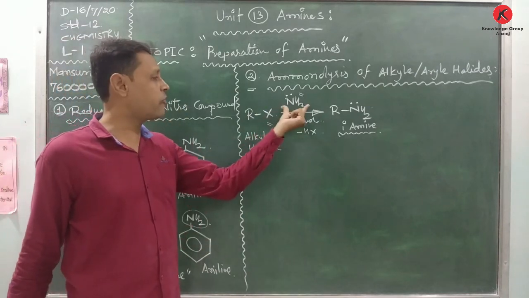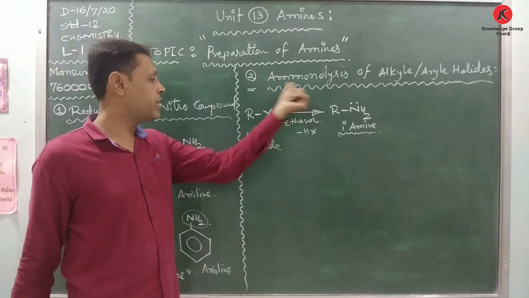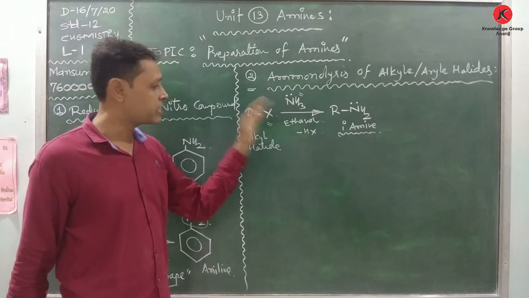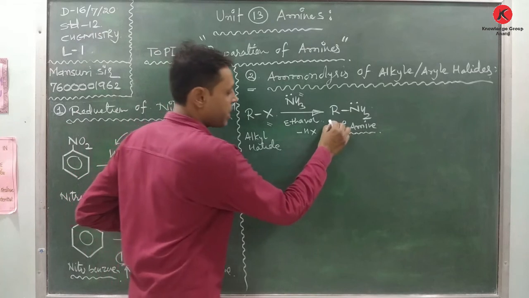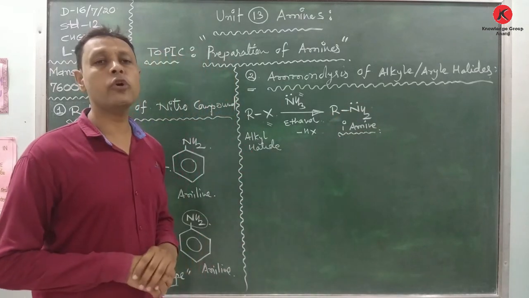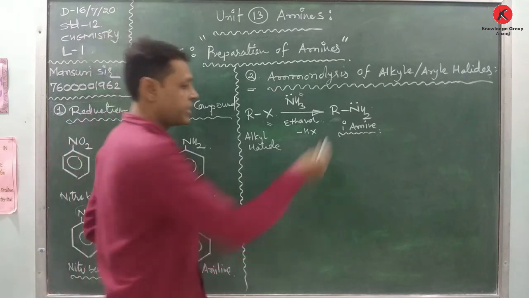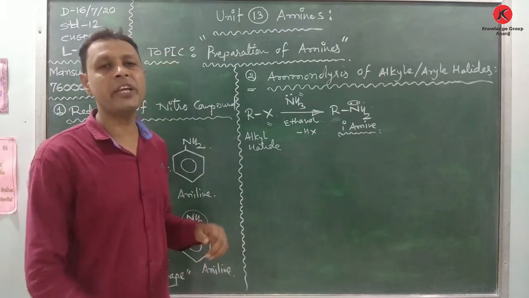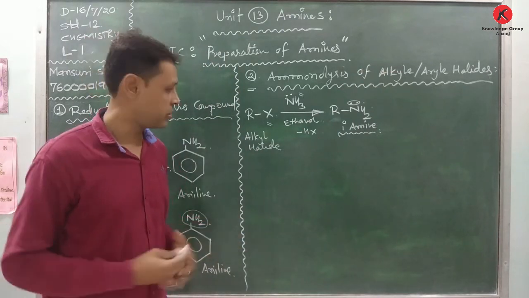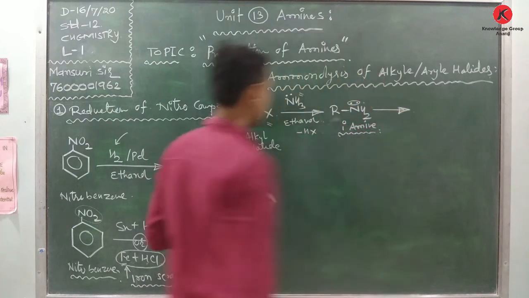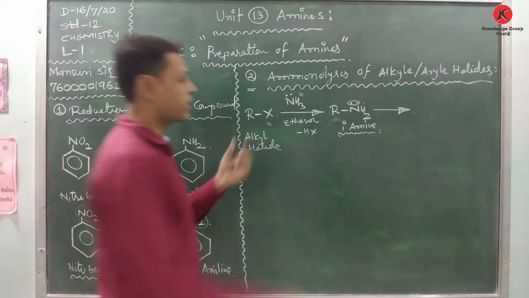So nucleophile will attack the substrate and forms HX and primary amine. You can see primary amine is also a nucleophile because it possesses nitrogen, and nitrogen has a non-bonding electron pair, lone pair electrons. So here excess alkyl halide is to be taken.